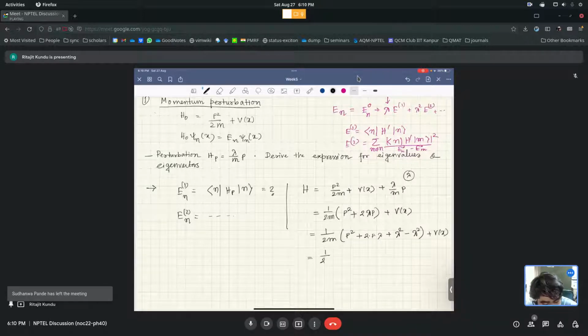Now I can complete this square and it becomes p plus lambda whole square, minus lambda square by 2m, plus V of x.